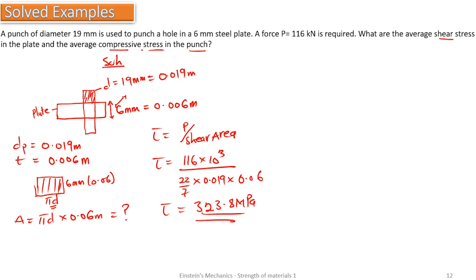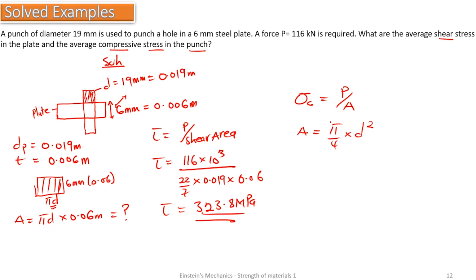Now let's look at the average compressive stress in the punch. Now let's consider only the punch. The punch, we know compressive stress from chapter 1 is also given as the force over the area. But this is inside the punch, and we know the punch to be a circular object because of the diameter given. So we can calculate its area as pi on 4 d squared, the area.